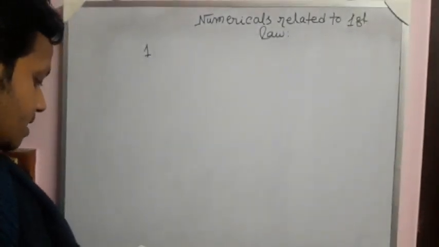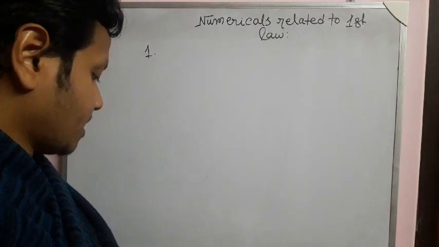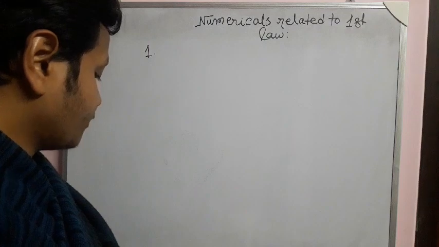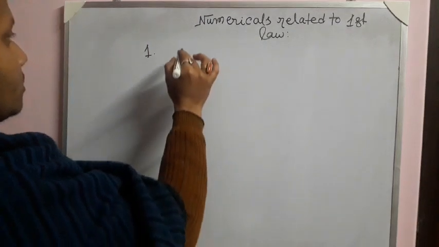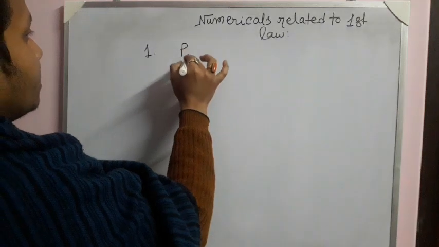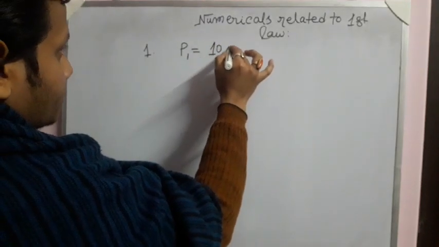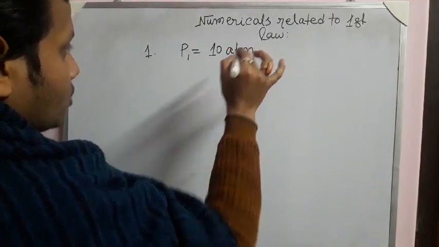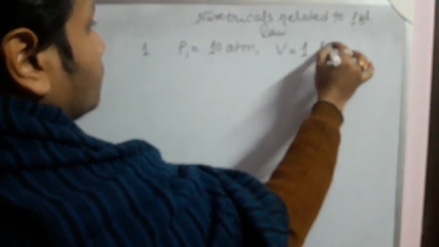A gas at 10 atmosphere pressure and 1 liter volume expands adiabatically to 2 atm and 3.16 liter volume. So here the initial pressure is given, that is 10 atmosphere. At first you have to write down the quantities which are given. V is given, 1 liter.